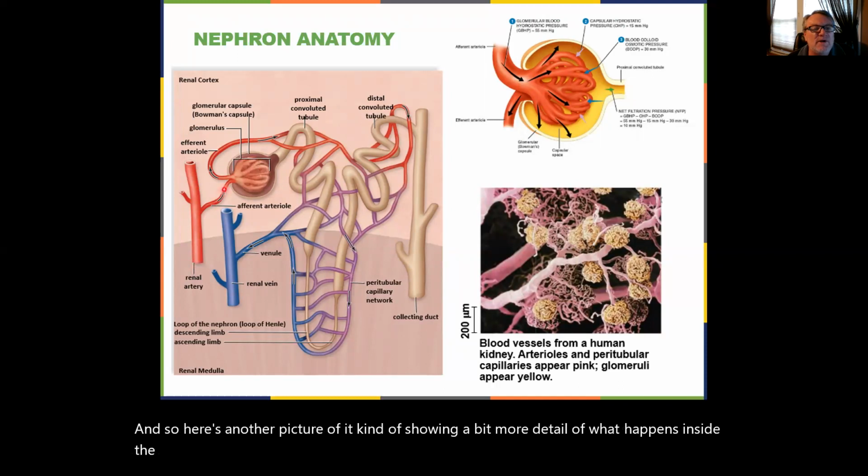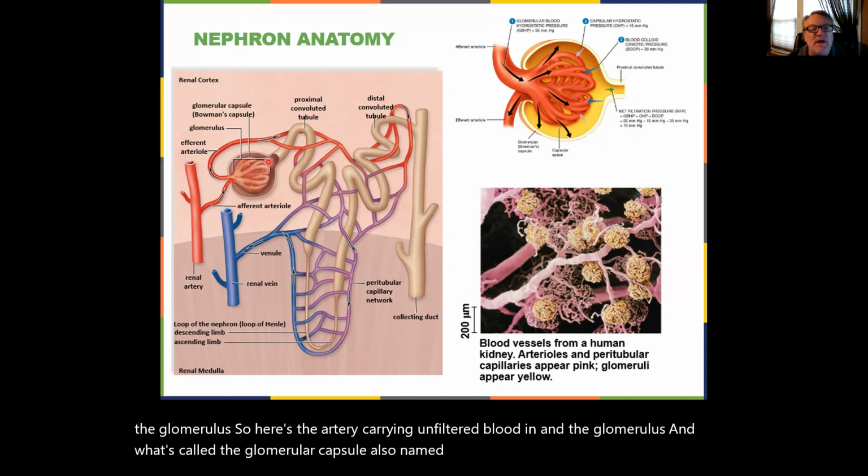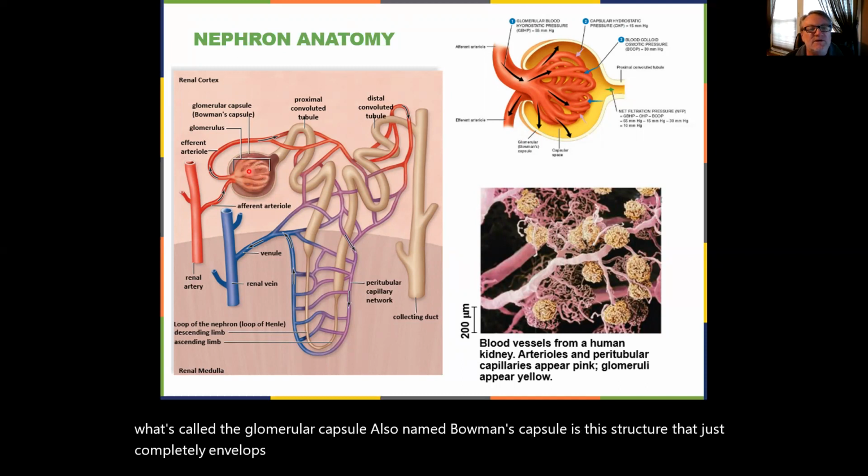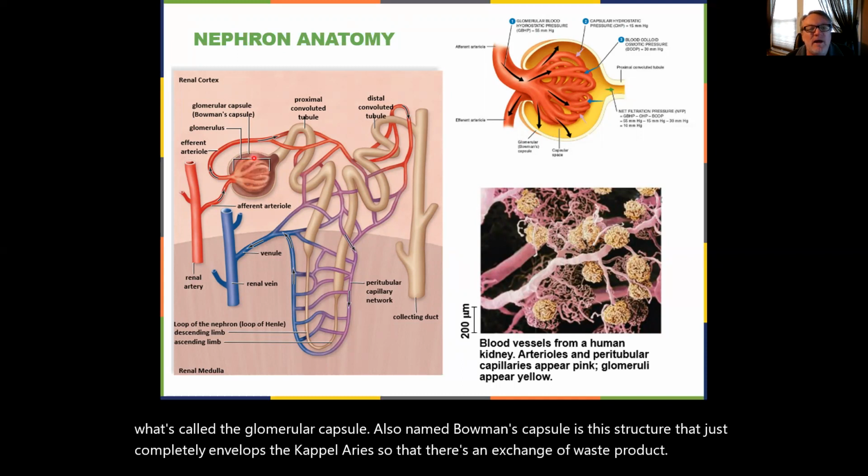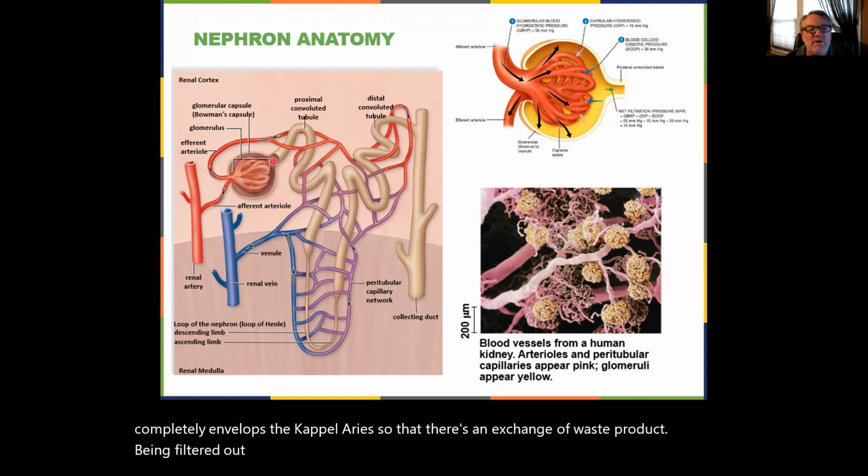So here's the artery carrying unfiltered blood in, and the glomerular capsule, also named Bowman's capsule, is this structure that just completely envelops the capillaries so that there's an exchange of waste products being filtered out, and the fluid that's in this Bowman's capsule.